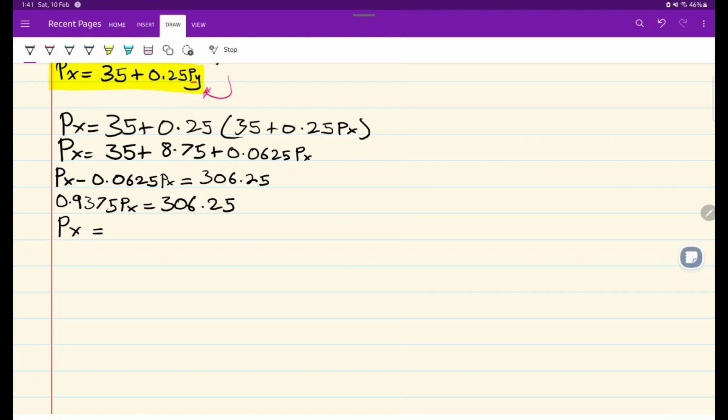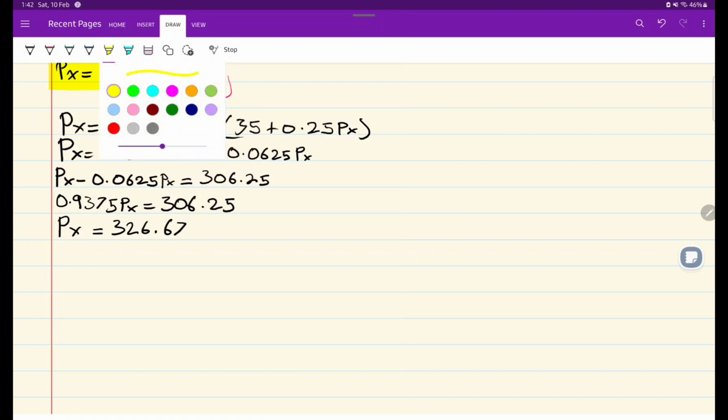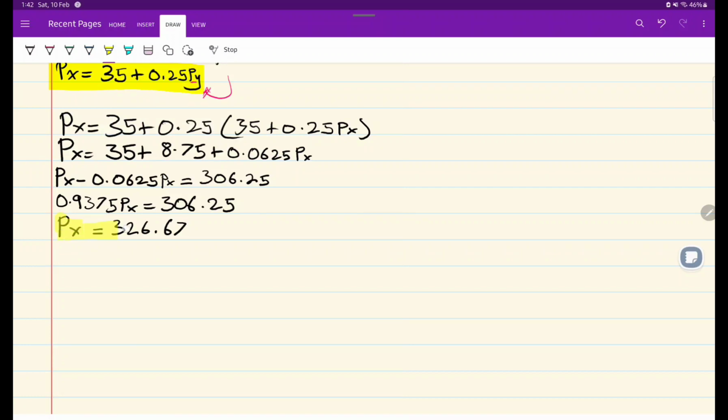Get 326.67. That is your price. That is what we're looking for in the question. The price that firm X is going to charge is $326.67.